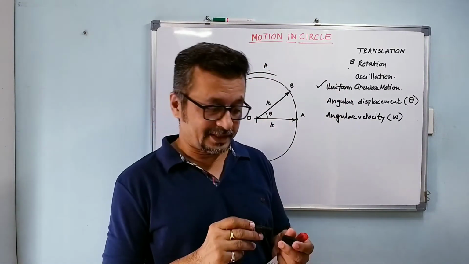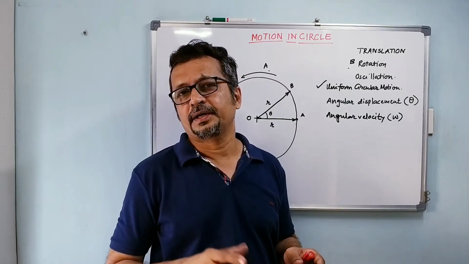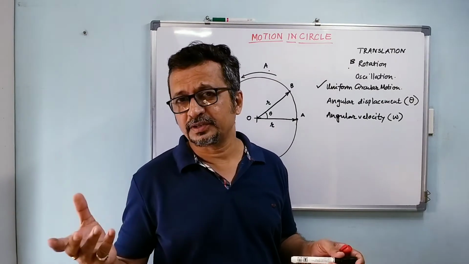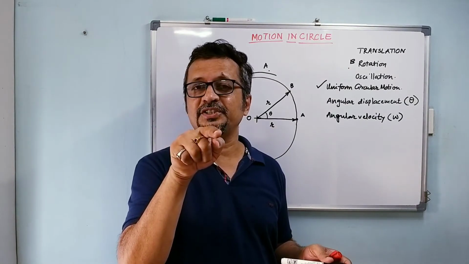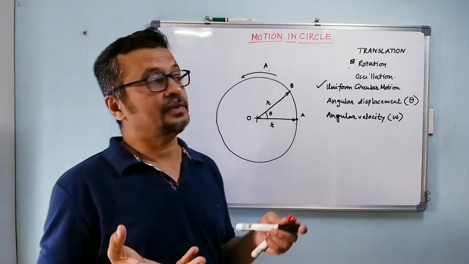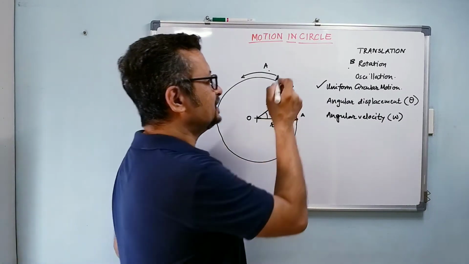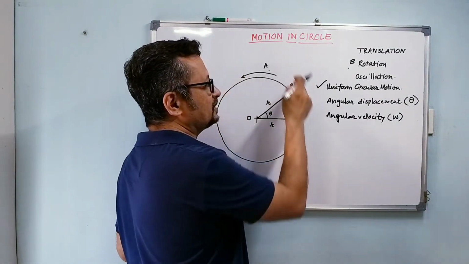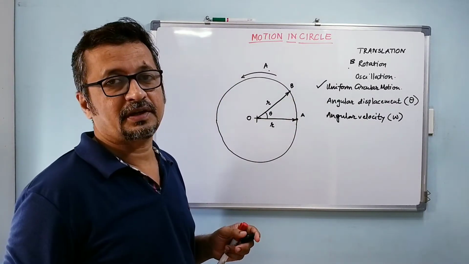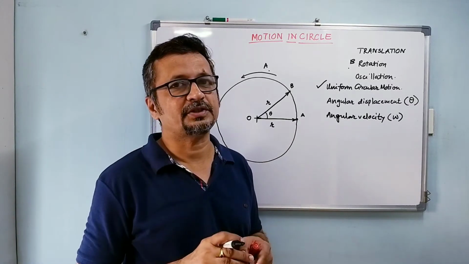Correct. Now as I said, in linear motion, in translational motion, we had speed, we had displacement, we had velocity, and if my velocity changes with time, then we have acceleration. So do we have some type of acceleration here? Yes, we do have. Suppose my linear speed as it moves along the circumference of the circle changes, correct, that means my linear velocity is also changing.